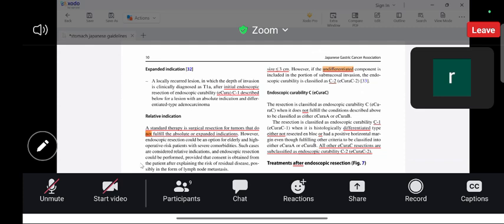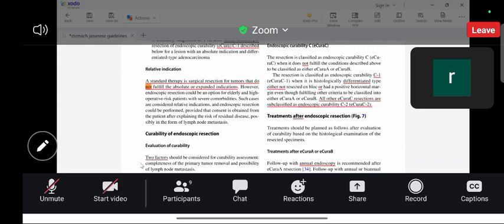Standard therapy is surgical resection for tumors that do not fulfill the absolute or expanded indications. But we will do the local resection only in view of maybe the patient being of old age or having severe comorbidities. Then after the resection, we describe the curability of the endoscopic resection.